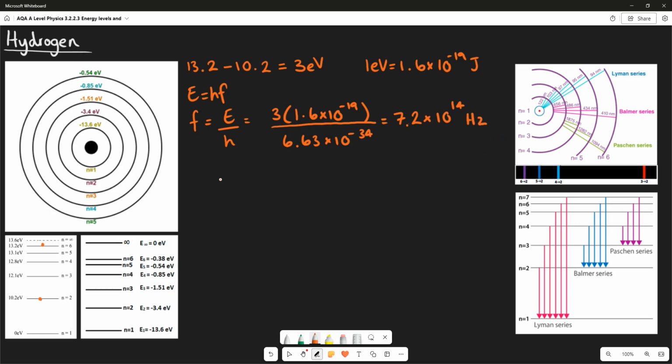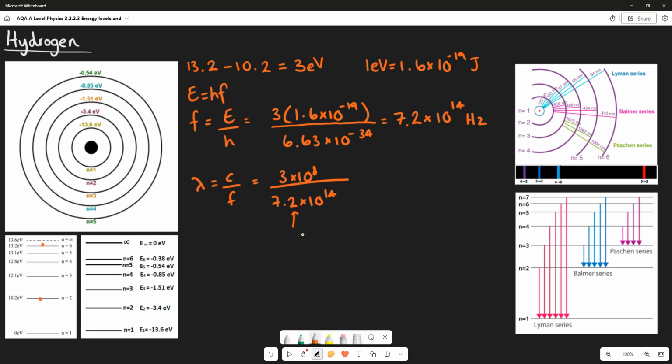We could convert that to a wavelength, remembering, of course, that wavelength is connected by this equation to frequency. Speed of light divided by the frequency that we've just calculated. Please note that I am writing down the rounded value.